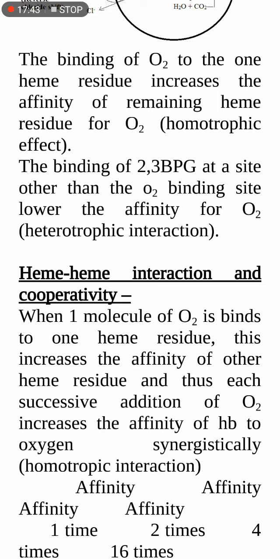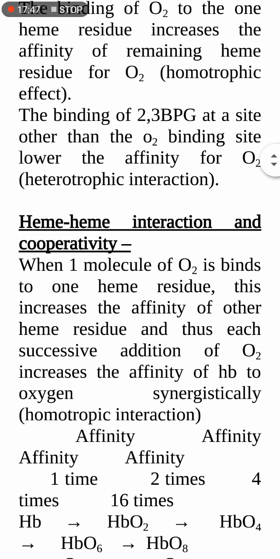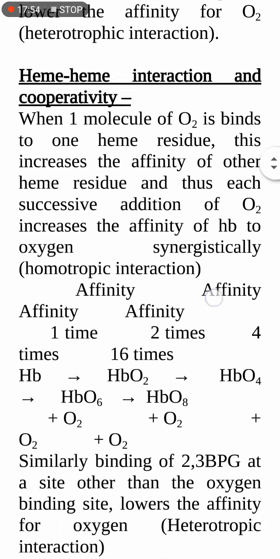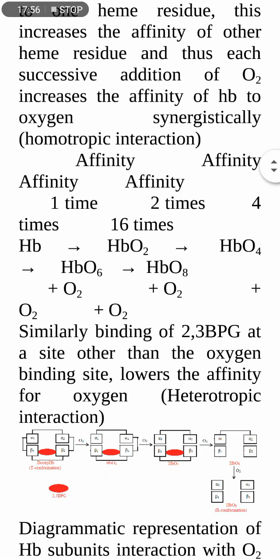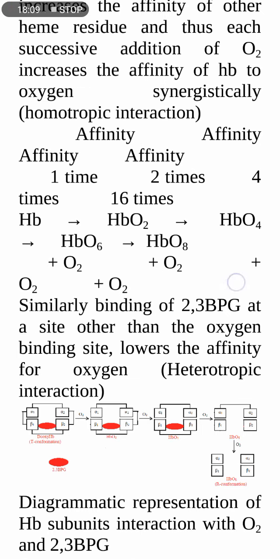This is called homotropic action, that is heme-heme interaction or cooperativity. Similarly, binding of 2,3-BPG at a site other than oxygen lowers the affinity for oxygen. This is called heterotropic interaction.